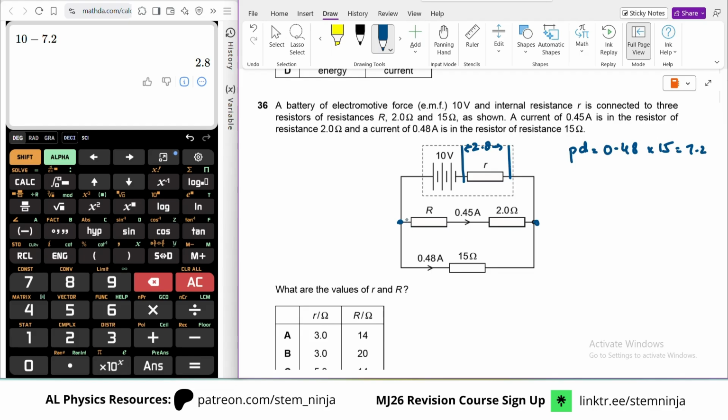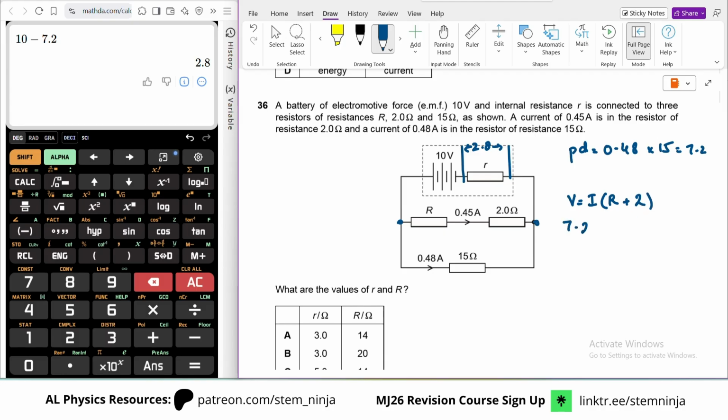Now we need R. We know the potential difference across it. So V is equal to I times (R plus 2 ohms), right?